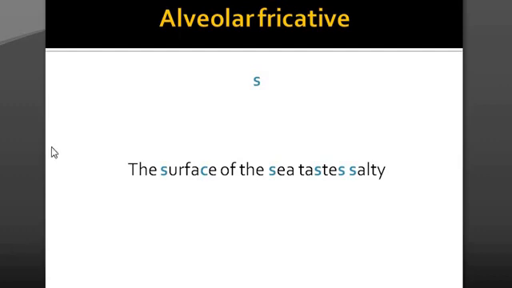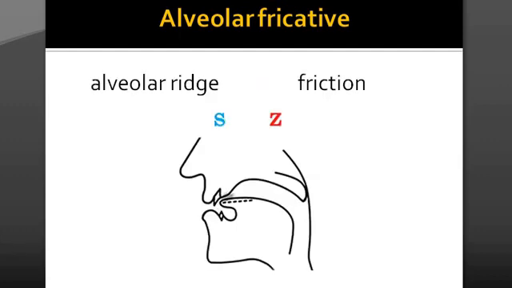Okay, let's go to the next one. So these are alveolar fricatives. Alveolar, again, means alveolar ridge, the bumpy place behind your teeth. And fricative means friction. So when we said t and d, the T and D sounds, we used our tongue to stop the breath.